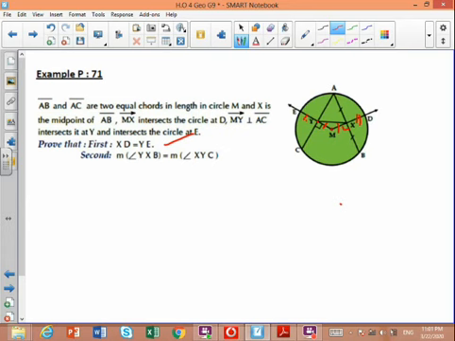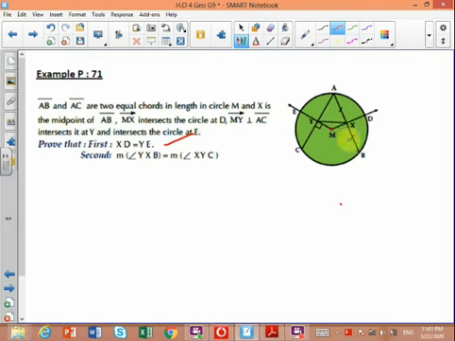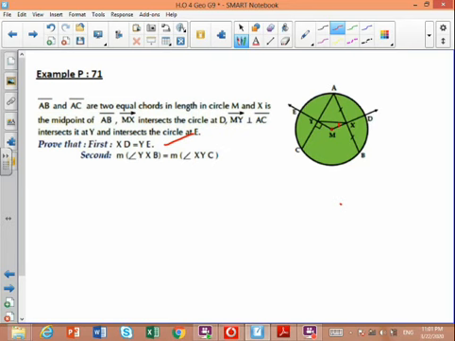Okay, let's complete. He wants me to prove that the measure of angle YXB equals the measure of angle XYC. I want to prove that these two are equal.